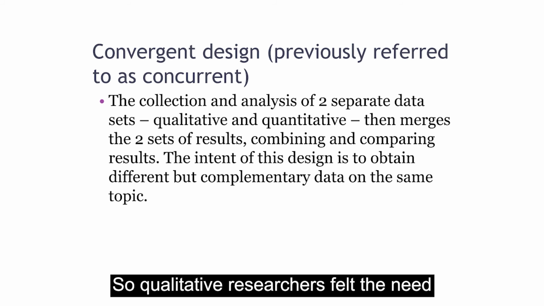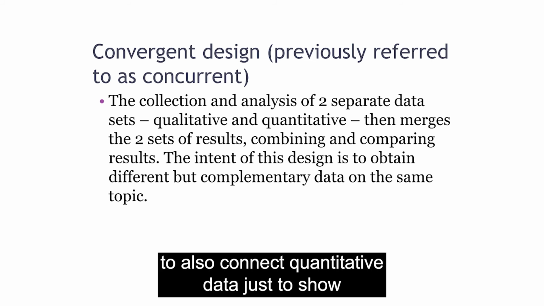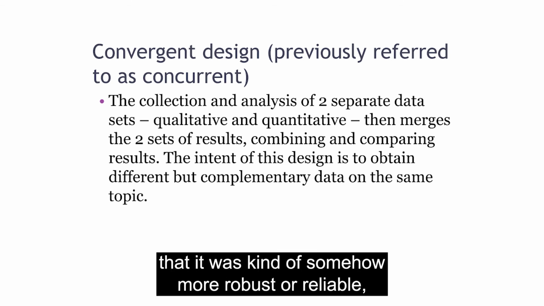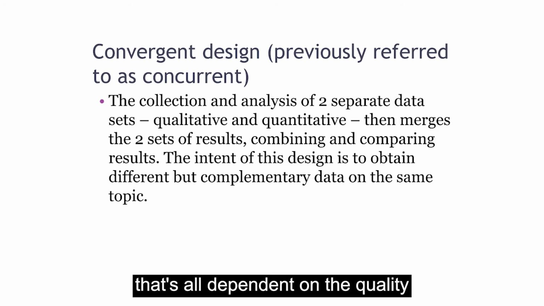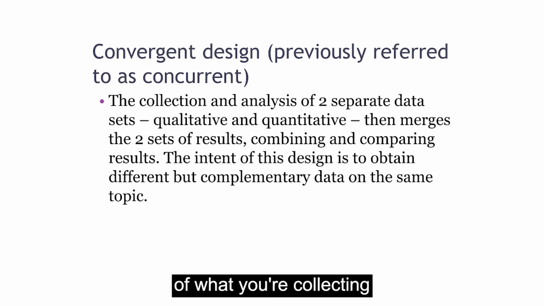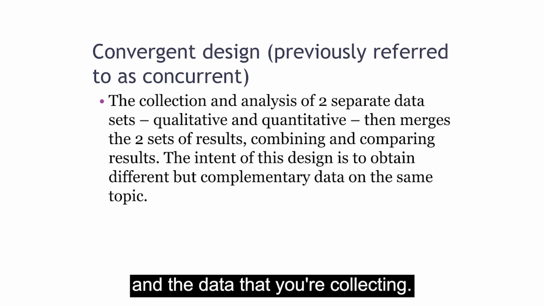So qualitative researchers felt the need to also collect quantitative data just to show that it was somehow more robust or reliable, which of course it isn't. That's all dependent on the quality of the data that you're collecting.